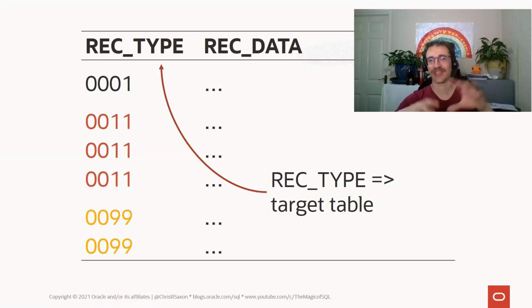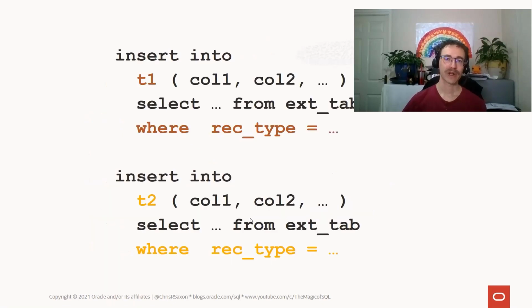We'll have a table for these 11 records, and 99 records will go in a different table. So we could write separate inserts for each one of those. We query the external table for that record type, and insert into the appropriate table. Pretty straightforward, and it does work, but there's a bit of an issue here.